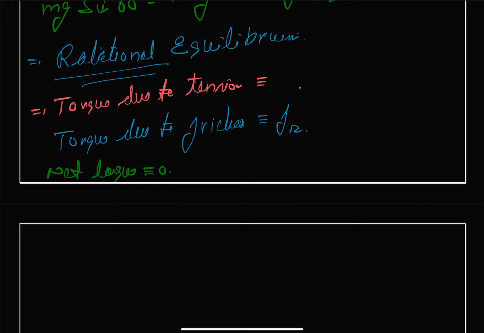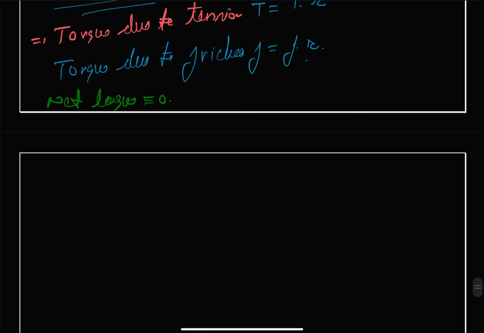Let me write the formula itself, otherwise it will create a problem. So torque due to tension T will be equal to tension T multiplied by the perpendicular distance, that is radius R, and torque due to friction force F will be equal to frictional force F multiplied by perpendicular distance R. So net torque will be equal to 0, or we can say T of R minus F of R is equal to 0, giving us T is equal to F.